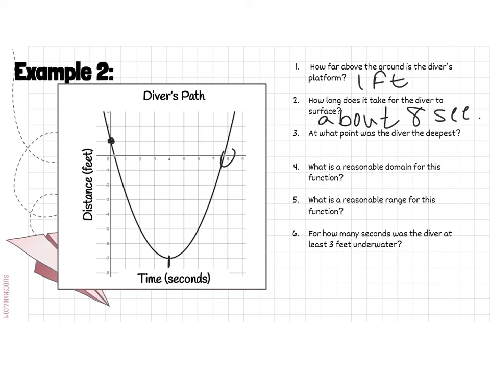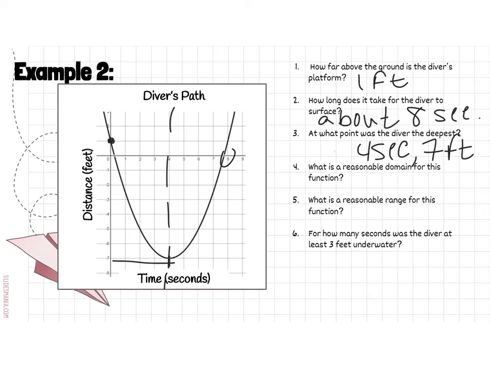That's where the axis of symmetry comes in, that's the vertex, and that's right there at 7 feet. So I guess we could do time, 4 seconds, and he was 7 feet deep. Okay, depending on how you interpret that question. And like I said, it was hard for me to make that question make sense. I couldn't think of what I was trying to ask you.